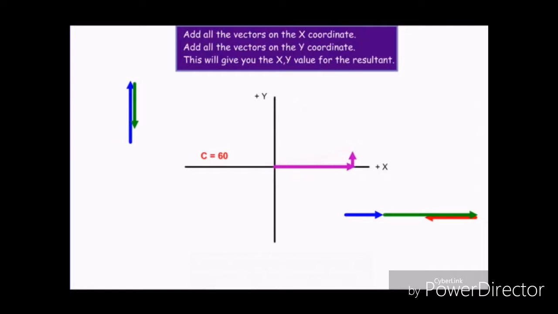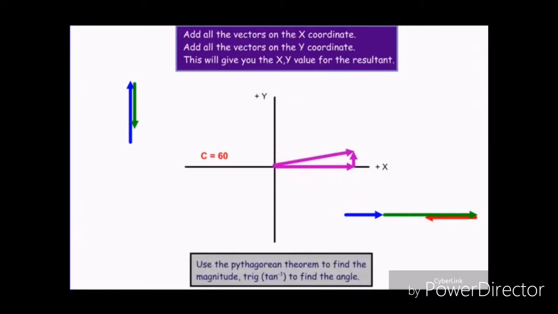Just move it over here at the end of the x-axis. And so our resultant is actually this vector right here. And now you can use the Pythagorean Theorem to find the actual value, the magnitude of that vector, and then we'll be using the tangent function to find its precise direction.